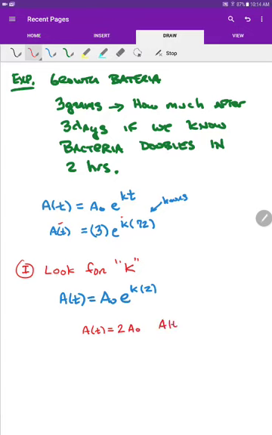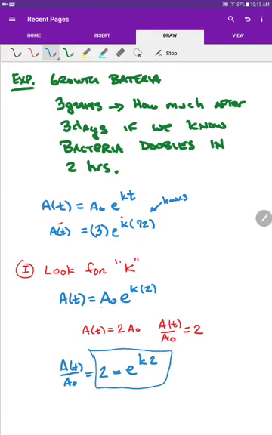So our final amount divided by our initial amount equals 2. We can deal with these two unknowns in this relationship in our search for K. We get A of t over A0 equals 2 equals e to the k times 2.